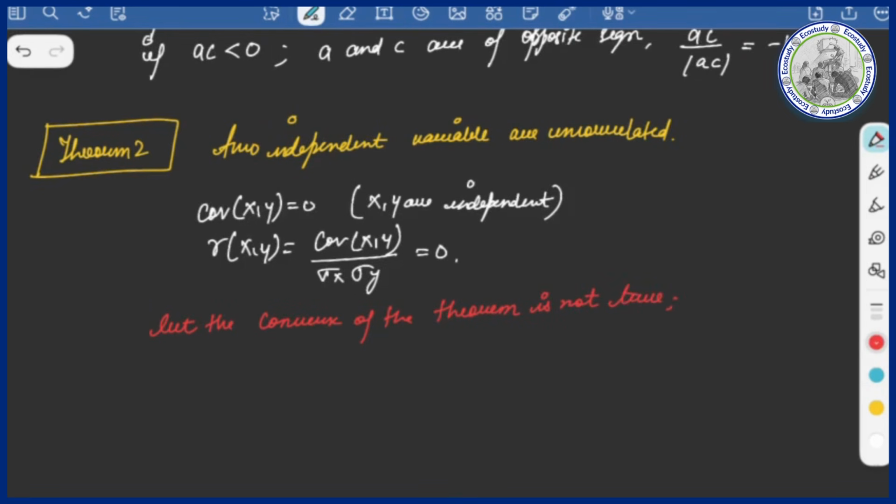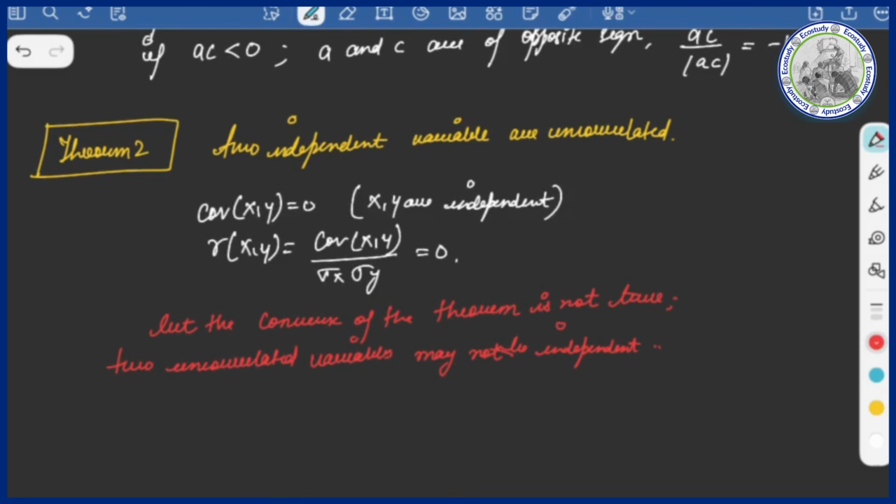What does it mean? Two uncorrelated variables may not be independent. See, two independent variables are uncorrelated, but two uncorrelated variables may not be independent.